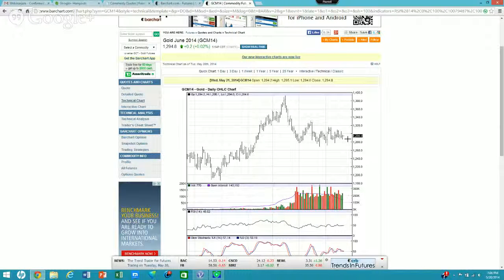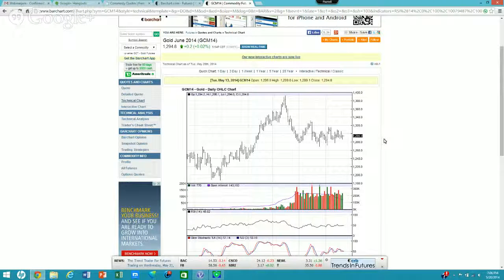So the idea is that you get in, and you can see that the market has been going pretty much in a sideways channel. Right here, that was the high of 1307 and a low of 1289, so 1307 to 1289, about a 28 point, I mean 18 point range.